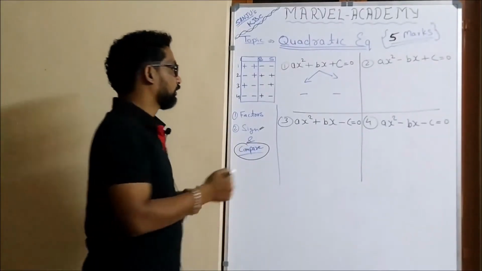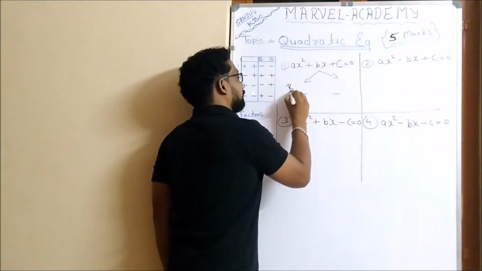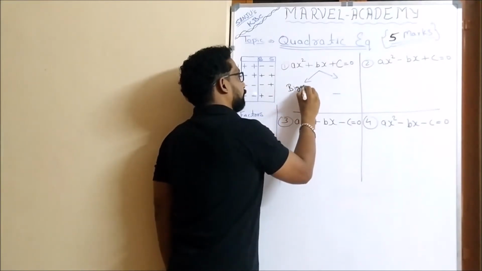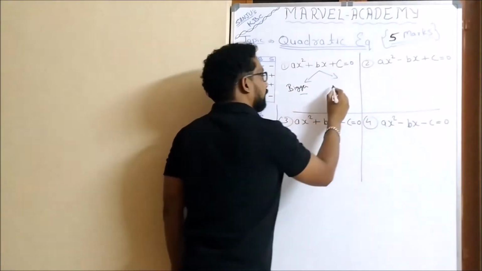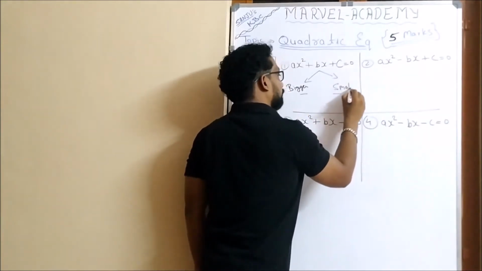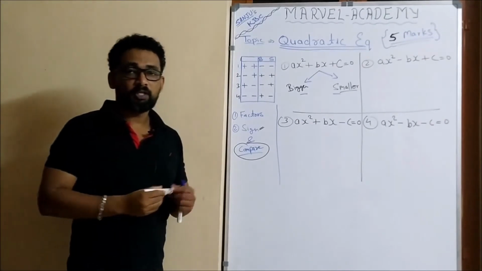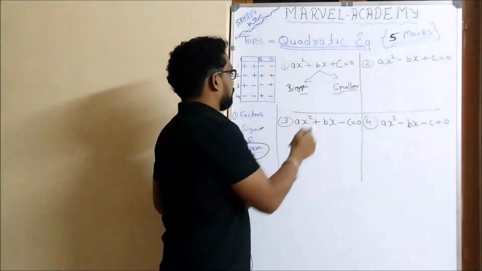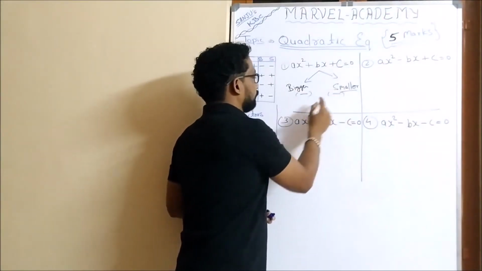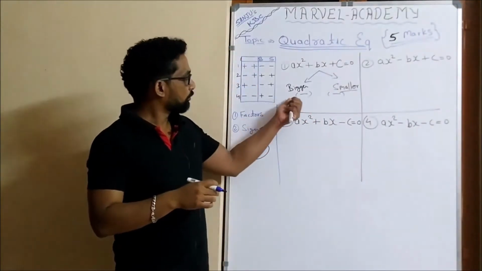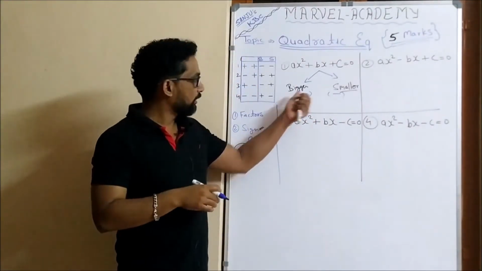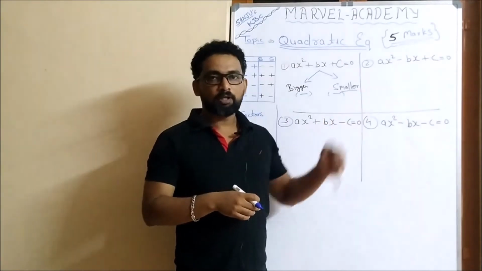But the important thing is we have to write the bigger value on this side and the smaller value on that side. This is the main concept. Always put your bigger value on one side and smaller value on the other side.